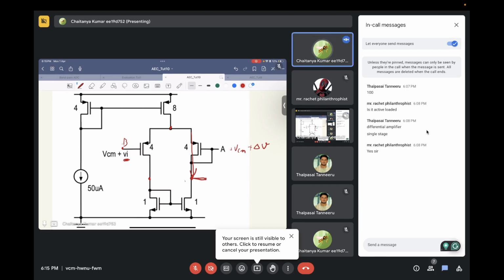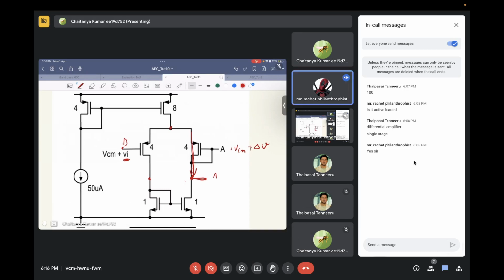So let's call this node A. What will happen to the current that is being pushed into node A if this has increased by delta V? Will the current increase or decrease? The current will decrease. So the current being pushed into node A has decreased.